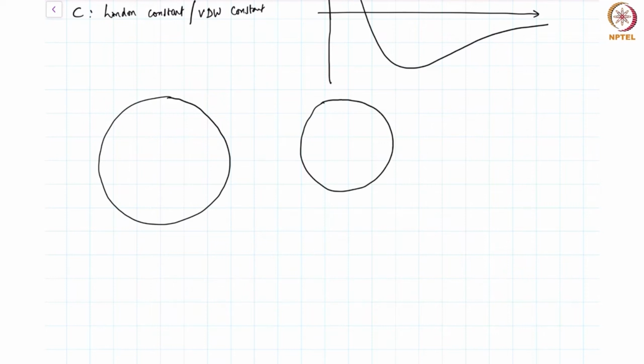We have two spheres, and the line joining the centers is shown here, and the radius of one sphere is R1 and the radius of the other sphere is R2. And we will parameterize this problem in terms of the separation distance, capital D.